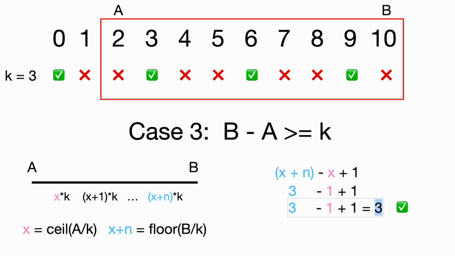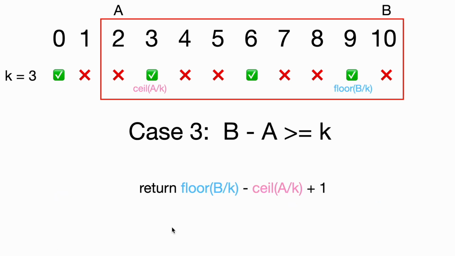So the formula here will be to return the floor operation of b divided by k minus the ceil operation of a divided by k and add 1 to that result. In this case, ceil of a divided by k will give us this 3 right here, and the floor of b divided by k will give us this 9 here.